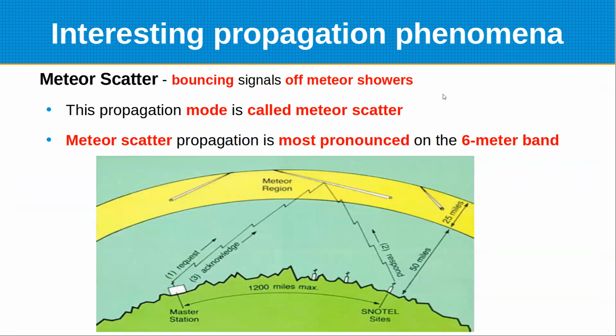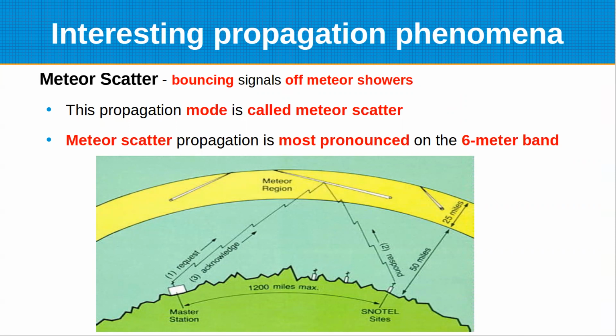Meteor scatter. Now, I've been told that, and I think there's some NASA club members that have done this, bounced off of meteor showers. They leave an ion trail behind them. So if you're at the right place at the right time and the right angle, you can bounce a signal off of it, and maybe somebody will pick it up.